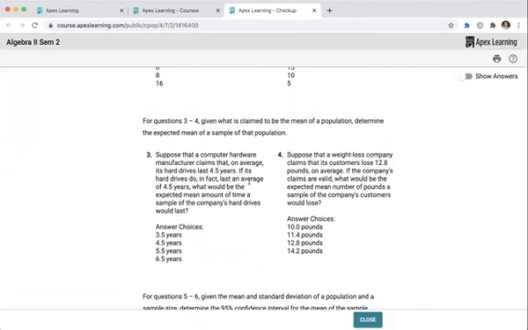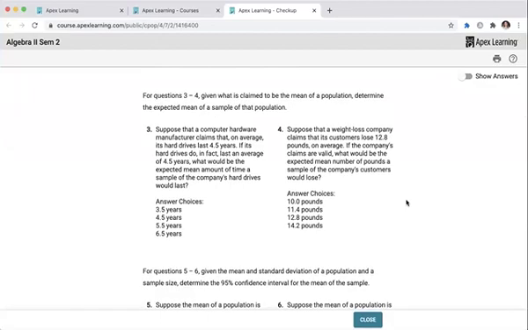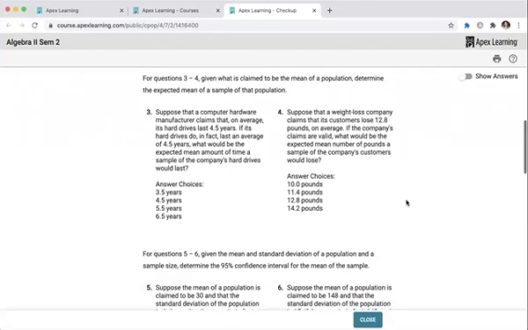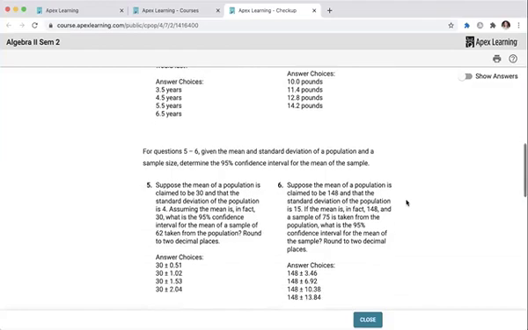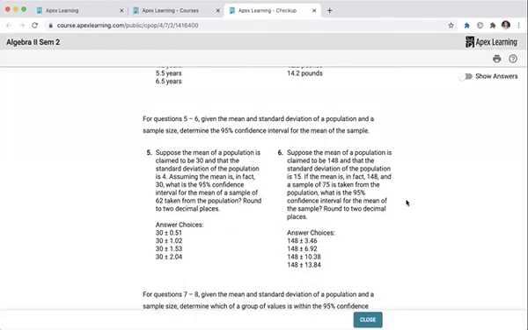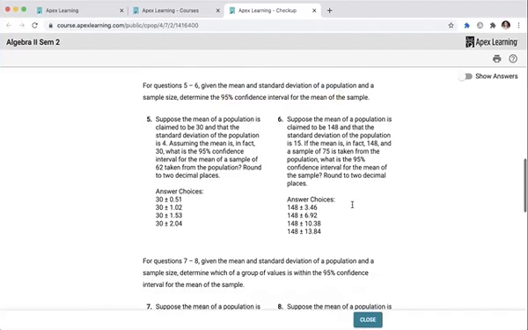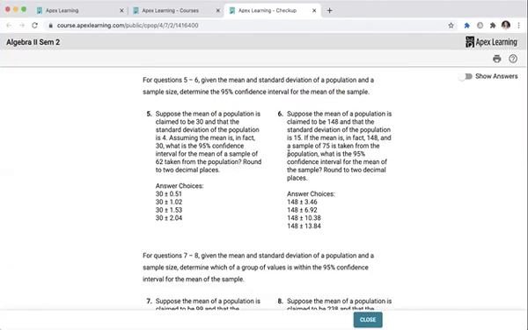Then talking about here, determine the expected mean of a sample of that population. So of course, you've got to use that equation S equals sigma over square root of n, pulling out what those different values would be, and indicating this 95% confidence by doing the calculation here.